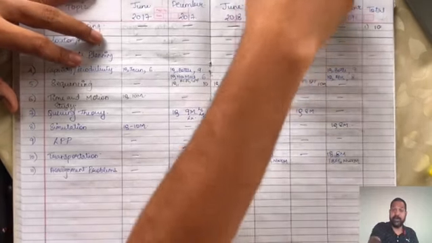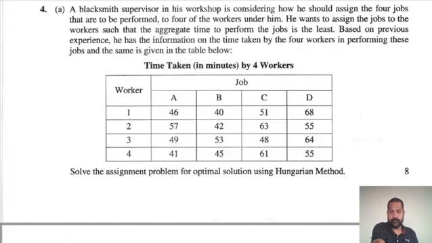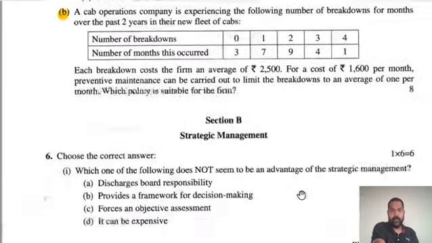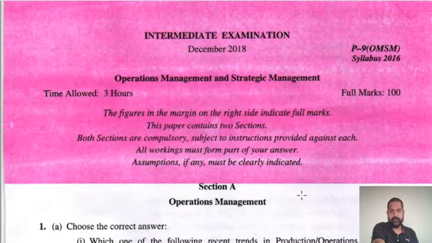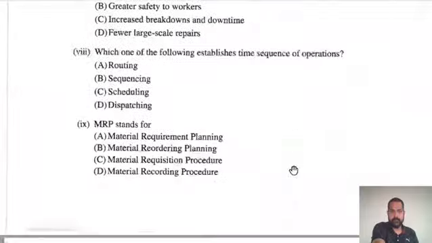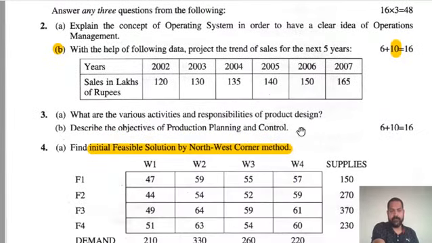Let's go to the December 18 paper. December 18, sorry, yes, let's begin. Skip past the objectives, come to the descriptive.